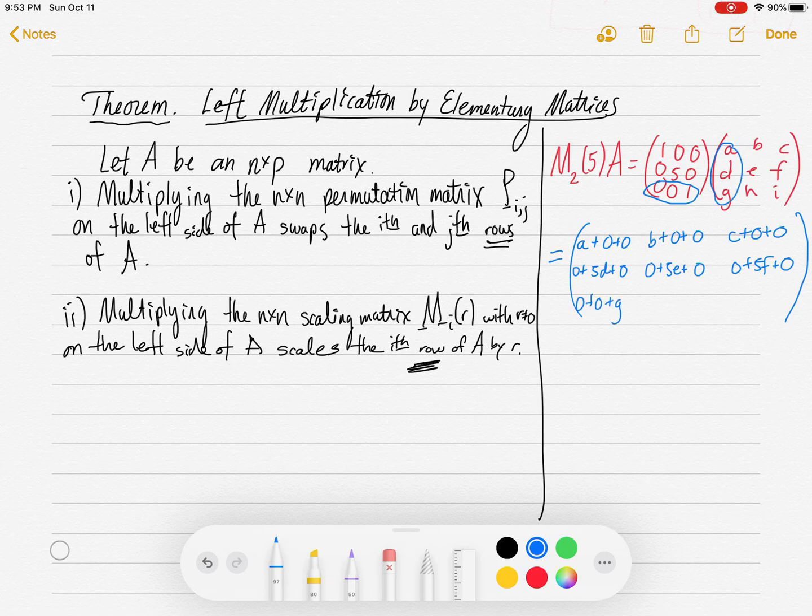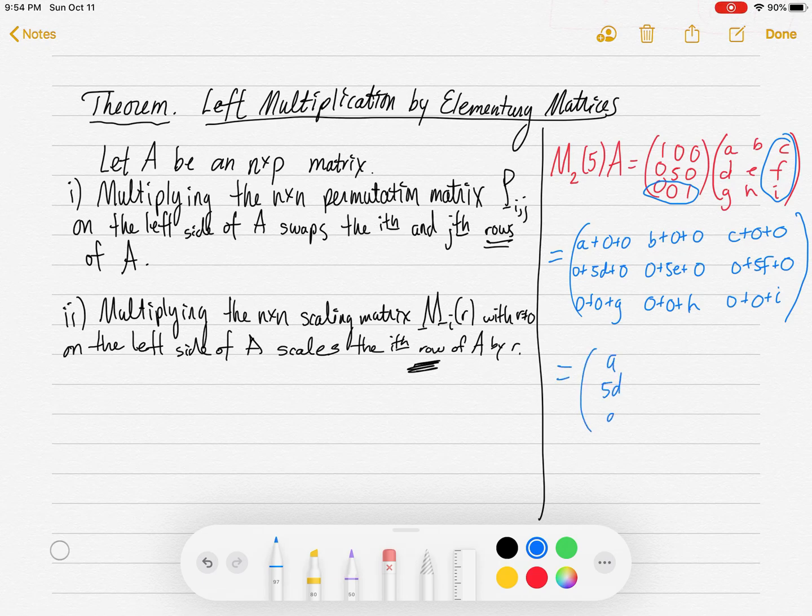Now let's go to the third row. Third row, dotted with the first column. We're going to get 0 plus 0 plus g. Now let's dot the third row with the second column. You're going to get 0 plus 0 plus h.